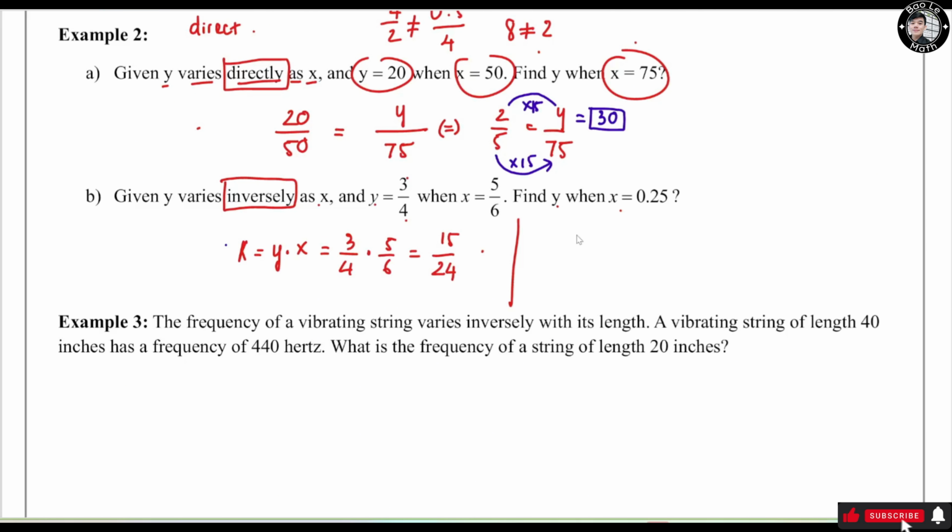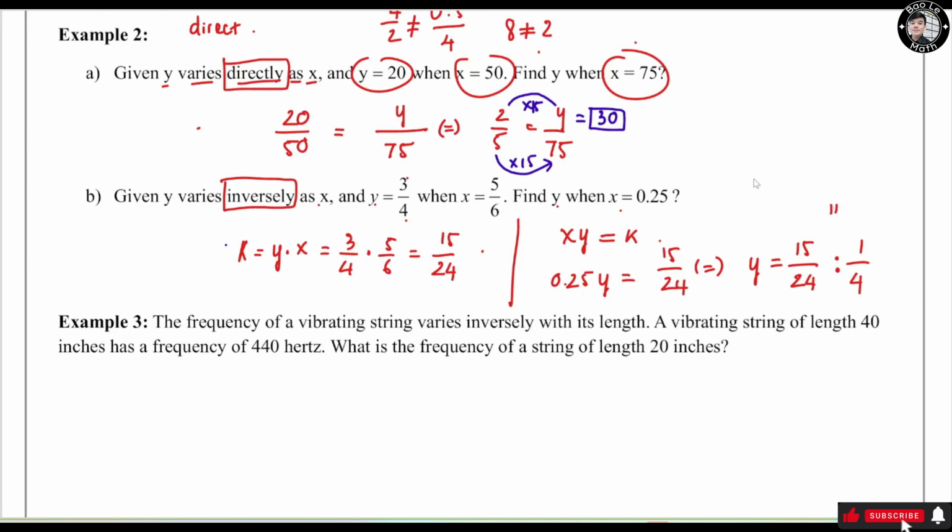Now x times y equals k, with x equal to 0.25. So y equals 15 over 24 divided by 0.25, which is 1 over 4.